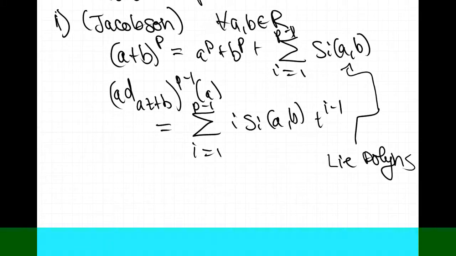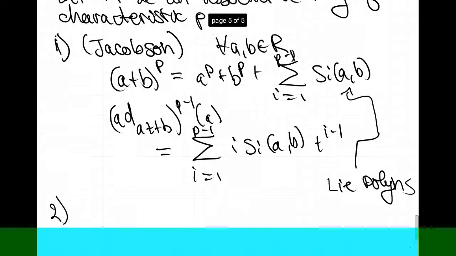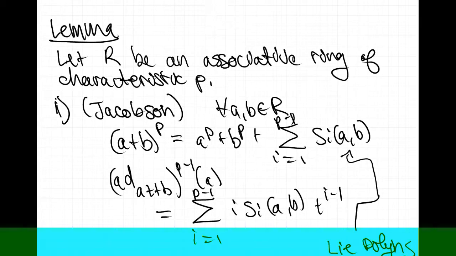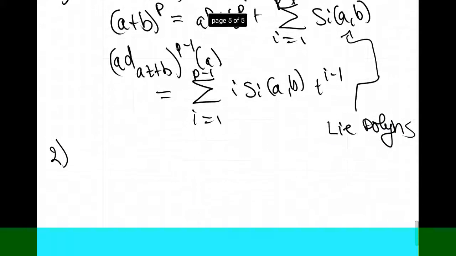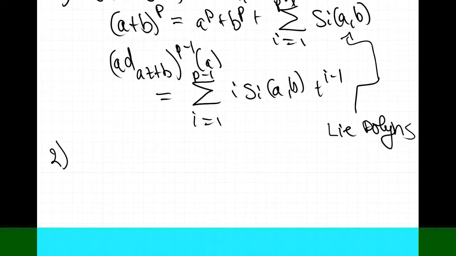The second thing that I need, so again, this is all occurring in here. This could be a crazy ring, potentially. Weird, right? And I'm going to write down the example of the ring that we have in mind.